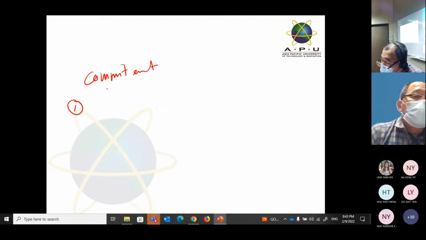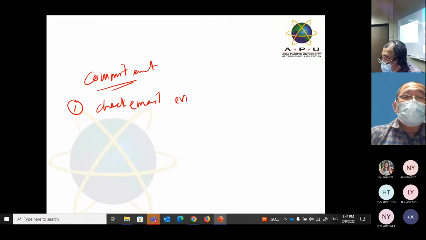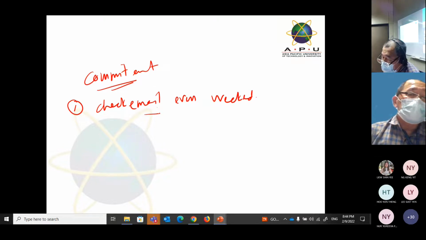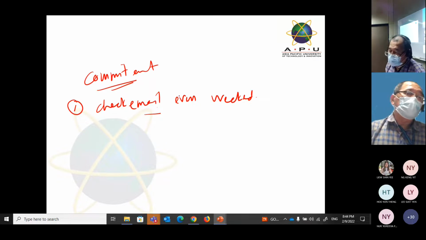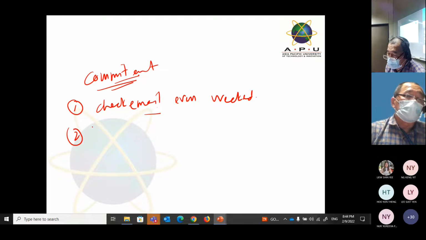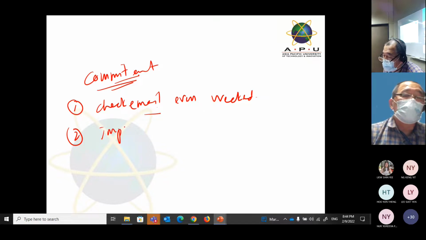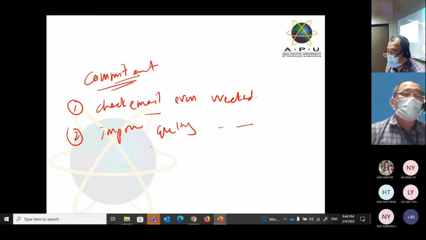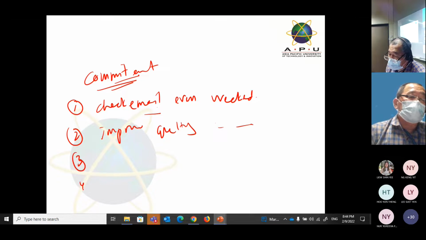For example, you ask this question: check email even on weekends. If you ask only one question, maybe it cannot be good to measure the commitment of your employee. You can ask more questions. For example, try to improve the quality of the work every month, and so on and so forth. So you ask 5 questions.